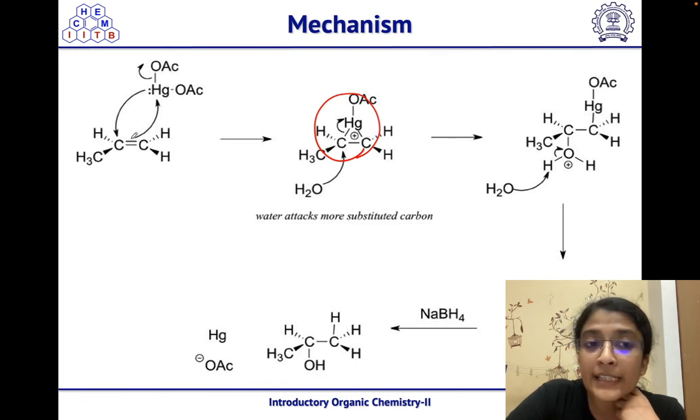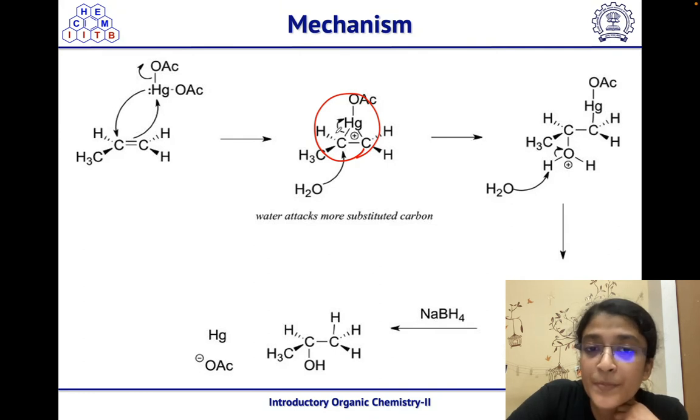First, this alkene will add on to this mercuric diacetate. It will lead to formation of this mercurinium ion. Then Markovnikov addition, that is addition of water from the more substituted side. This is the more substituted side. See here, carbon is substituted with one hydrogen and one methyl group, and here carbon is substituted with two hydrogens.